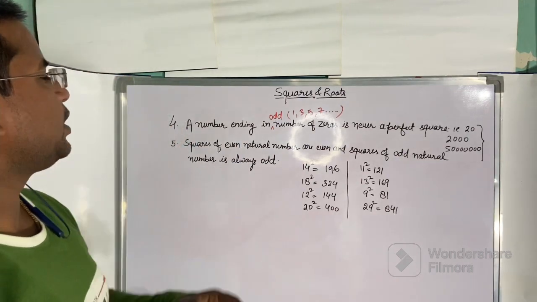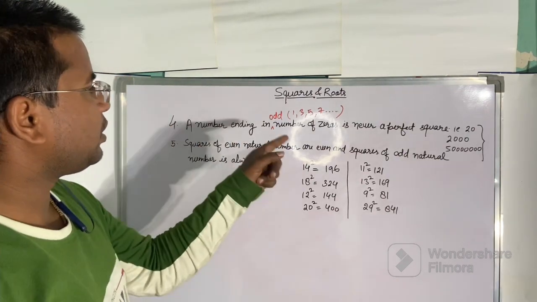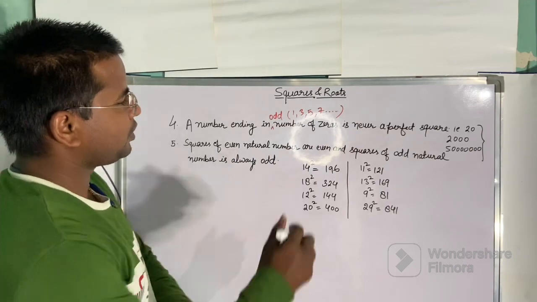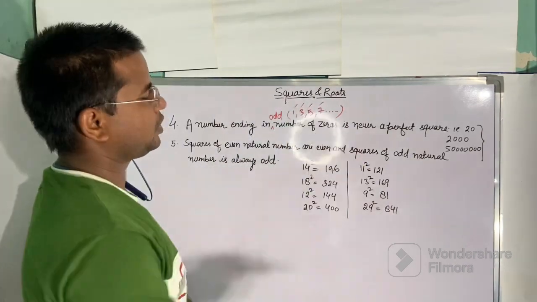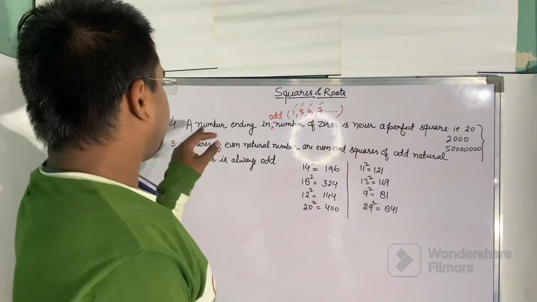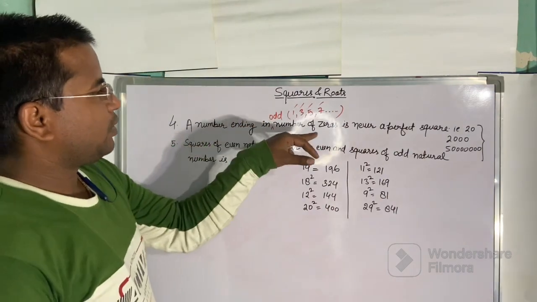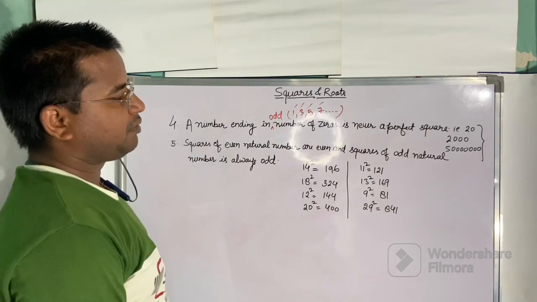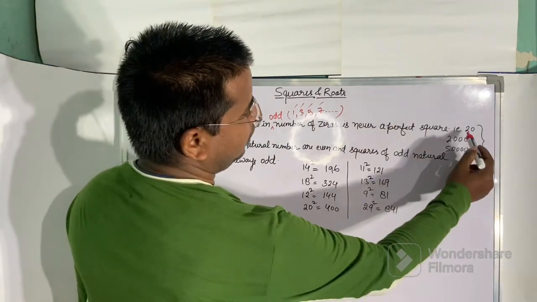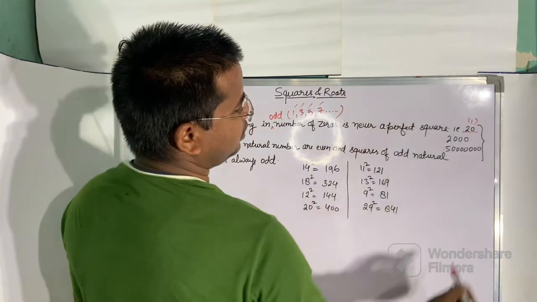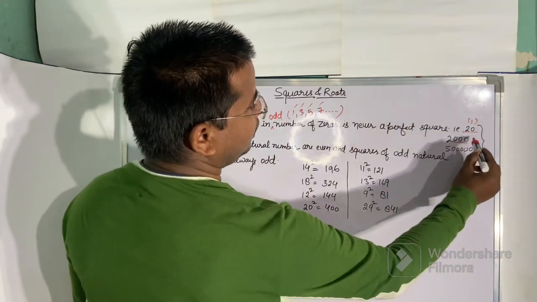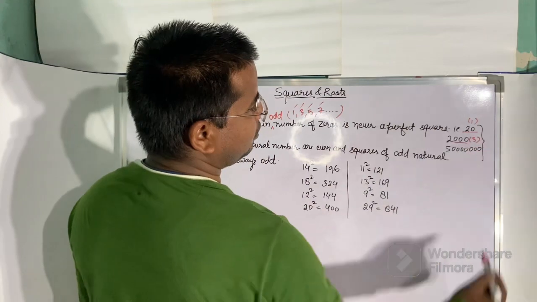So a number ending in an odd number of zeros, that means 1 zero, 3 zeros, 5 zeros, 7 zeros, is never a perfect square. For example, 20 has one zero. 2000 has three zeros.